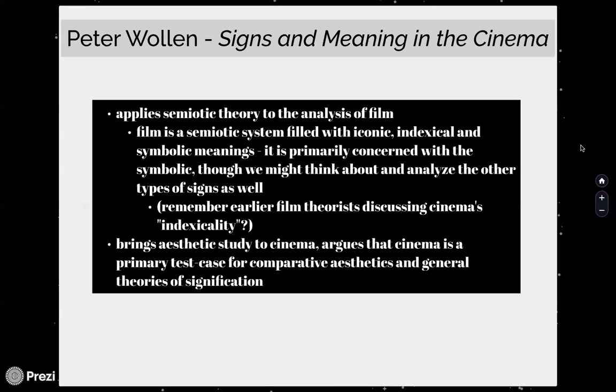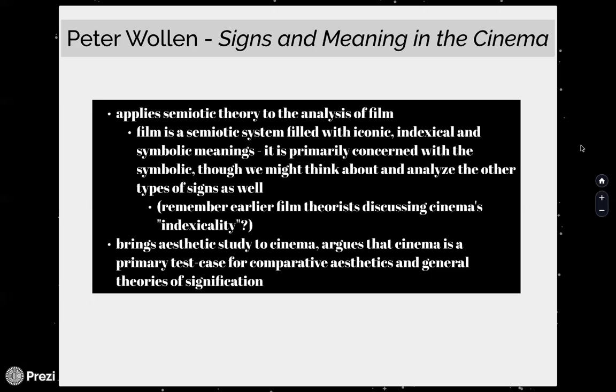Now, our reading this week was Peter Wollen, and we'll talk more about Wollen in class, but here's what he's doing. Okay, so in Signs and Meaning in the Cinema, he's working through semiotic theory and applying it to the analysis of film. The idea here is that film itself is a semiotic system filled with the iconic, indexical, and symbolic meanings.